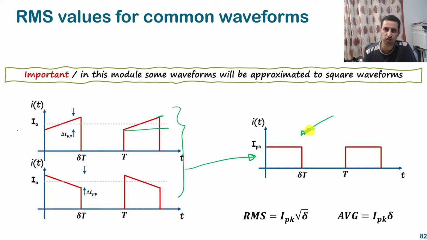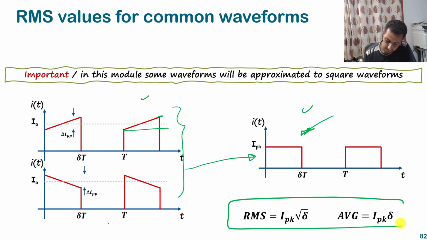The difference between that case and that case is very small. But if the ripple is very high, you might consider another approach, or derive it from the beginning. Those are the signals or values that we will be using most of the time.